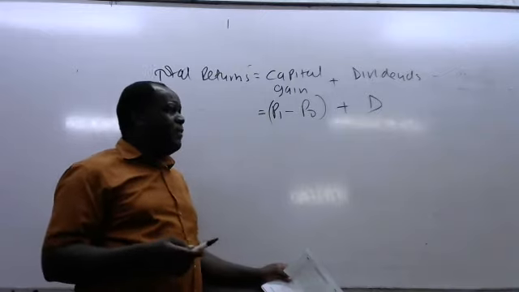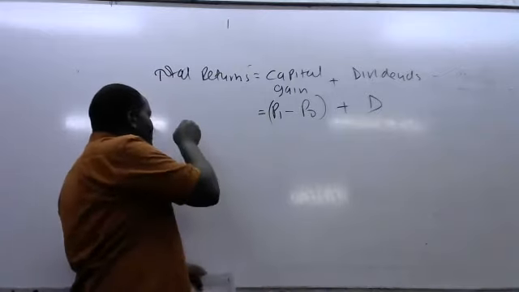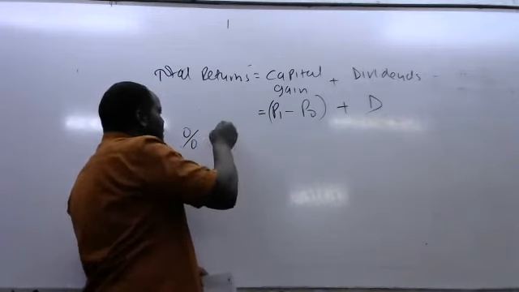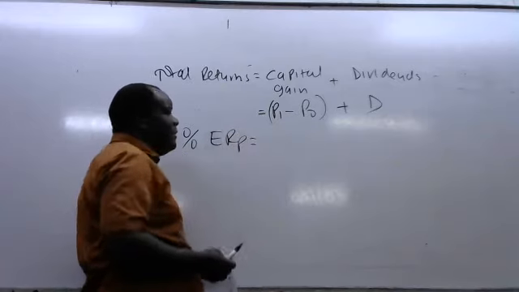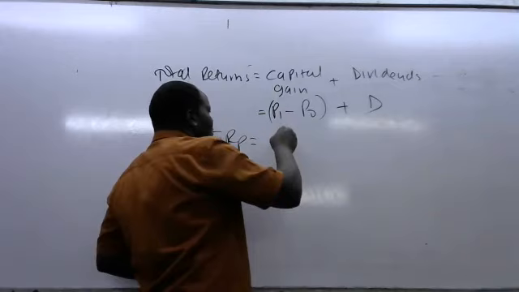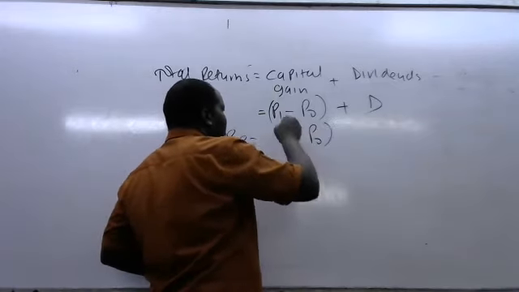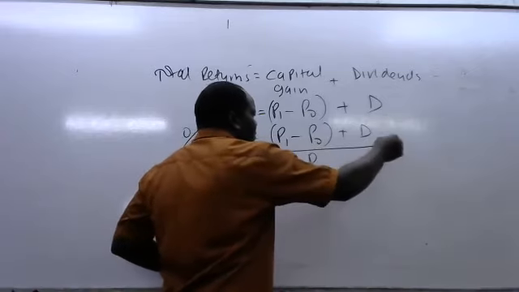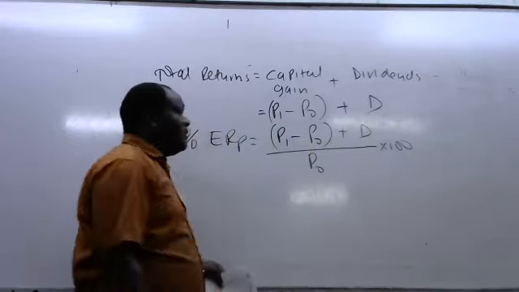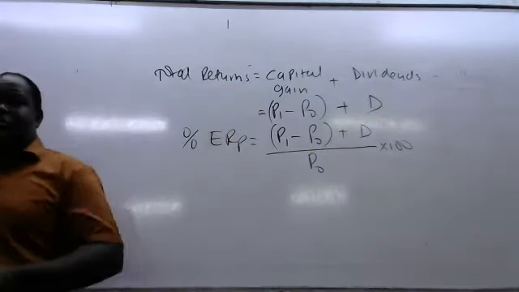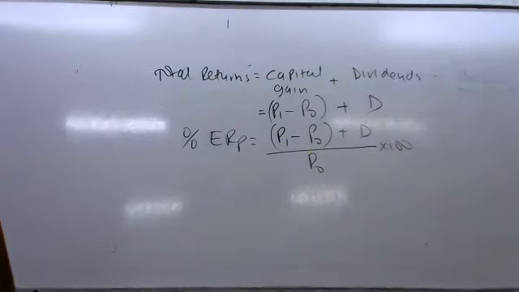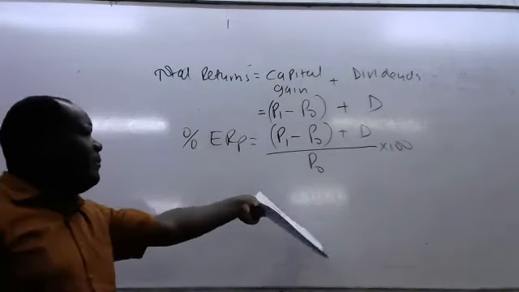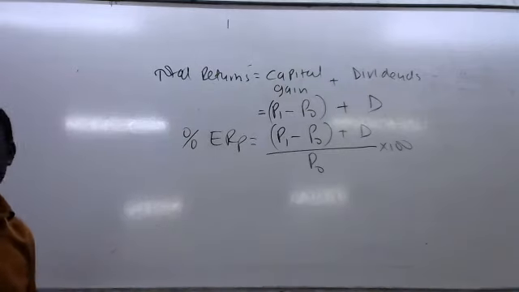But we should come up with a percentage return. To compute the percentage expected return of the portfolio, you take P1 minus P0, then add the dividend, and divide by P0, expressing it as a percentage.